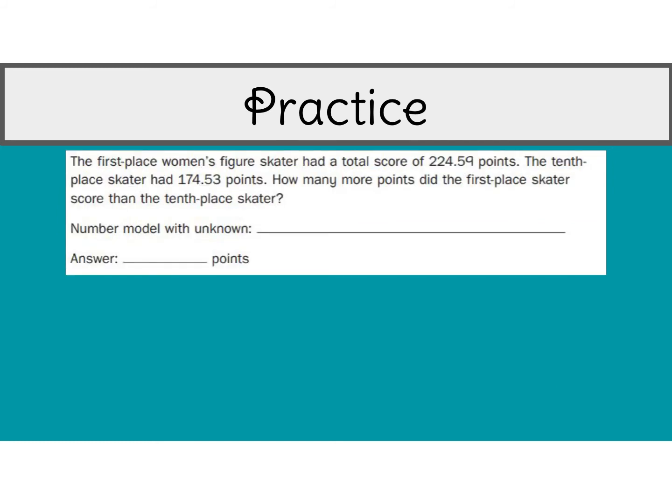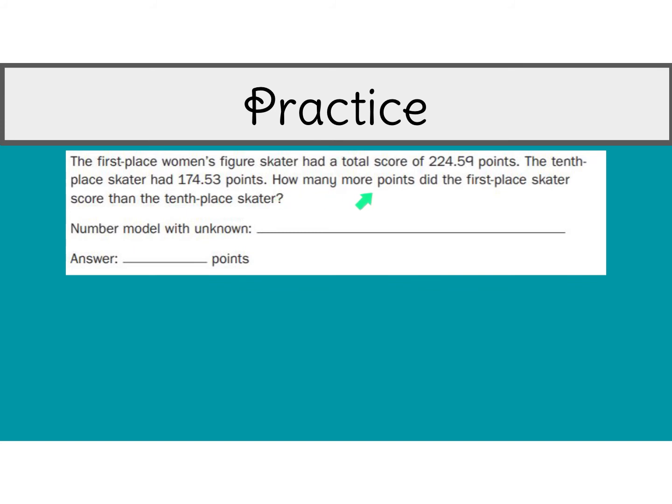For our next example, we have a problem that has to do with the Olympics. So let's take a look. The first place women's figure skater had a total score of 224.59 points. The 10th place skater had 174.53 points.